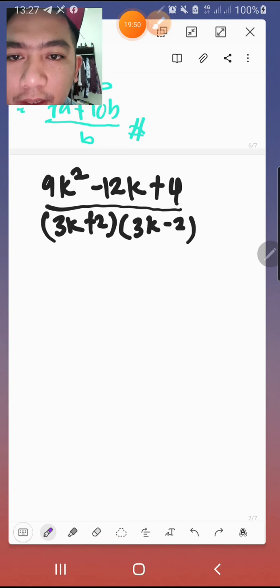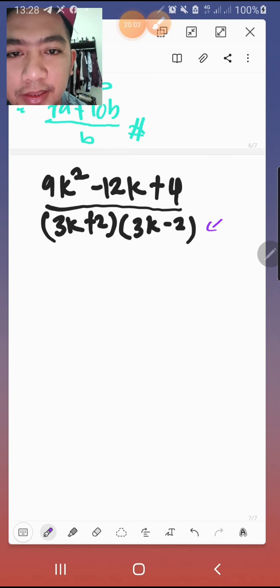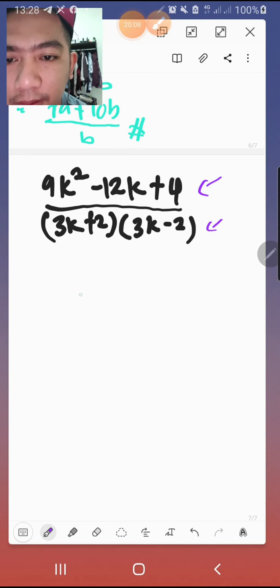Okay, this is the second example. 9k square minus 12k plus 4 over 3k plus 2, 3k minus 2. Actually, the denominator is already factorized. You just factorize this numerator. So how to get the factorization?